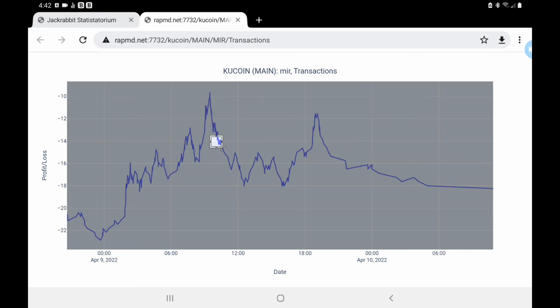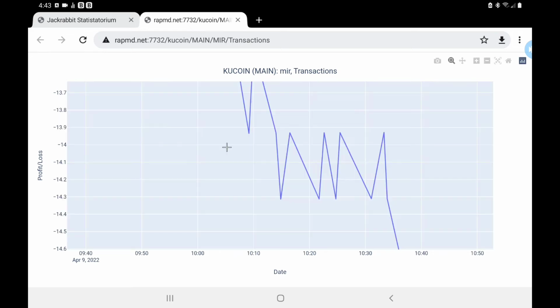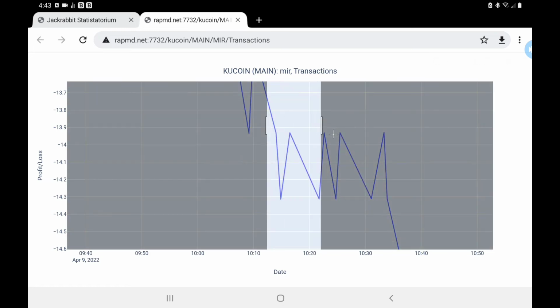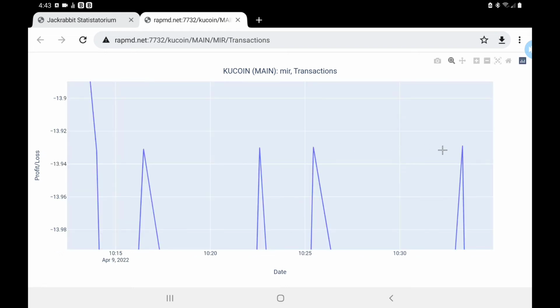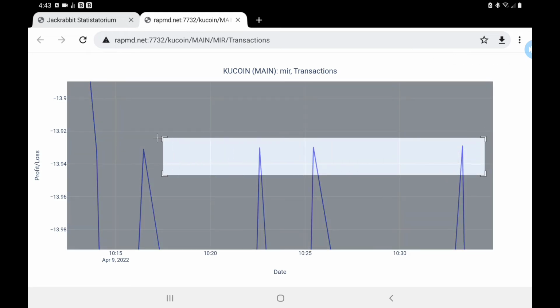But here you can see the peaks actually go higher. Very little, but I am actually making a little more each time. That is what you want to see.